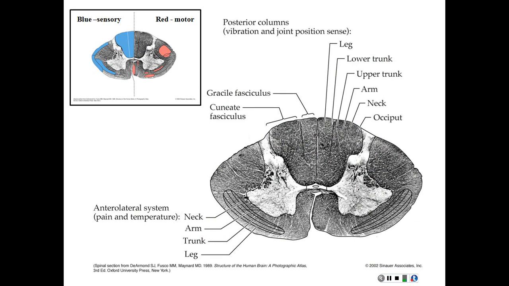Because you will interact with individuals who have a spinal cord injury, and they'll present in a very specific way. And you need to understand why they have an ipsilateral presentation for proprioception, but yet a contralateral presentation for pain and temperature. And that's about these axons and where they cross the midline.